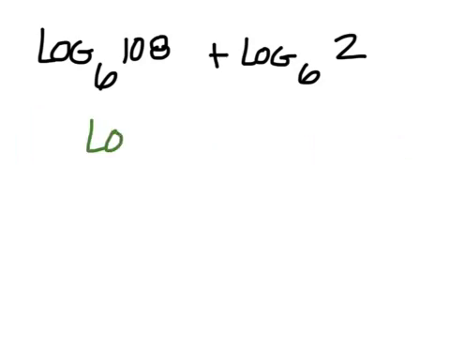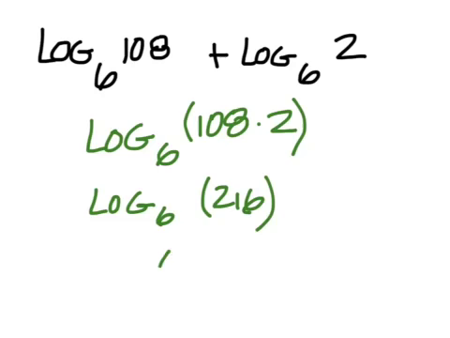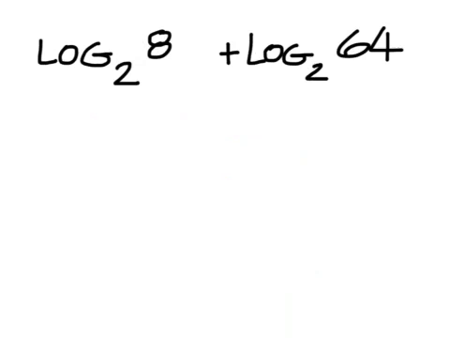You can condense this down to log base 6 of 108 times 2. So log base 6 of 216, that is 6 to some power x equals 216. X should be 3.